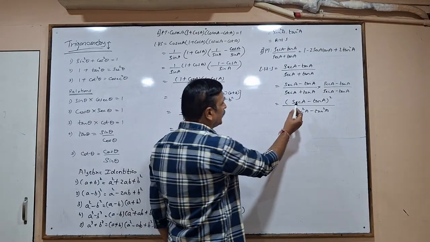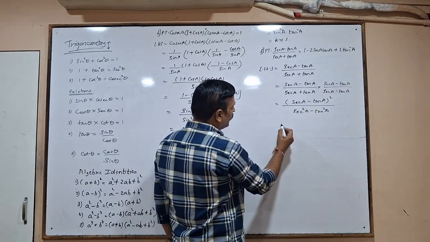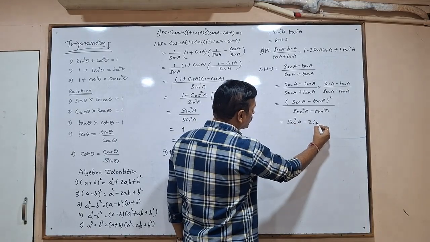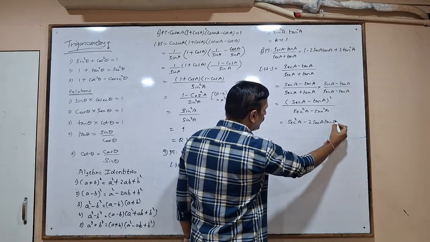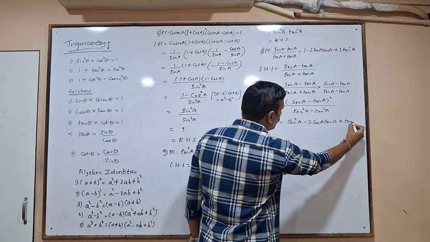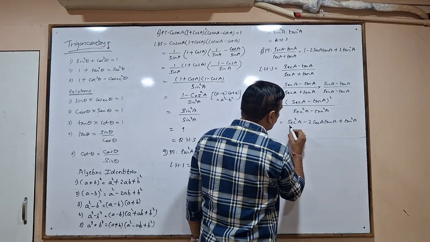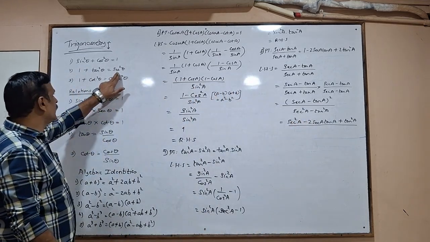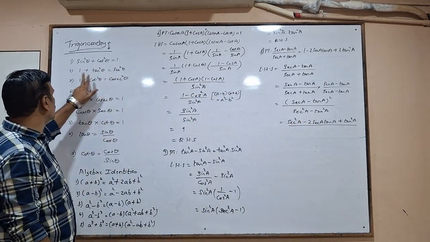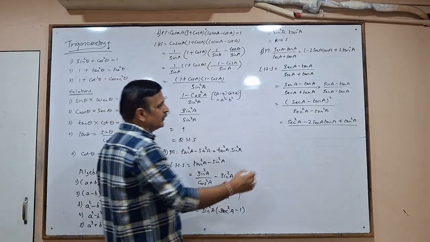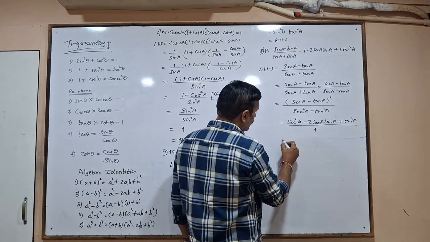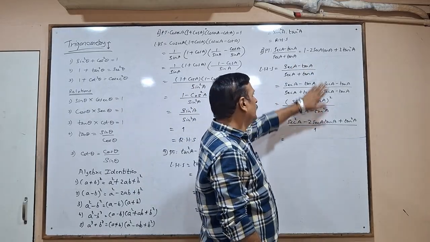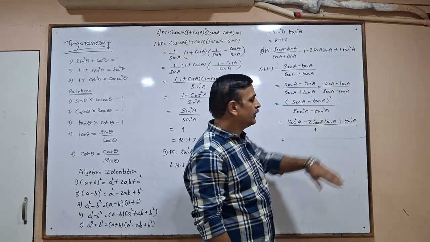Expand by the formula A minus B the whole square, which is A square minus 2AB plus B square. And what about the denominator? It is of the form sec square theta minus tan square theta, which is 1. So I'll write 1. Now if I compare it to RHS, 1, okay. So denominator is 1, great.